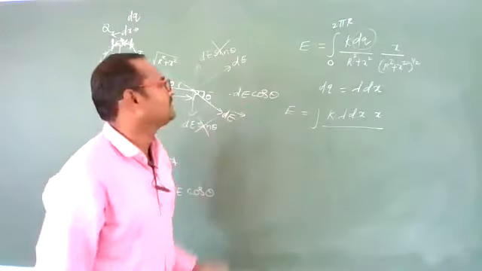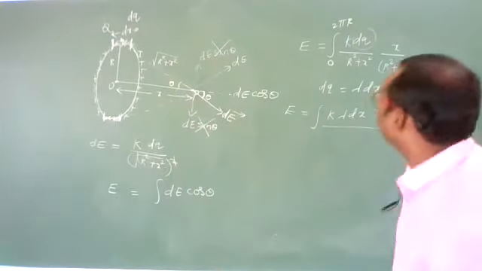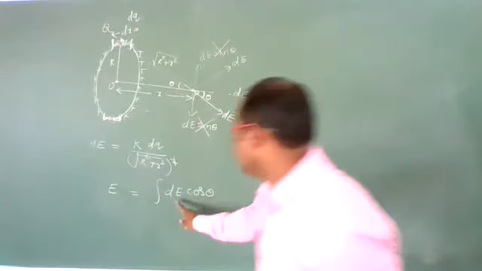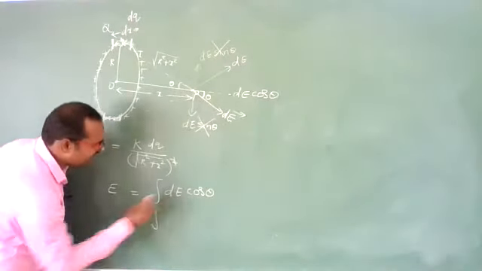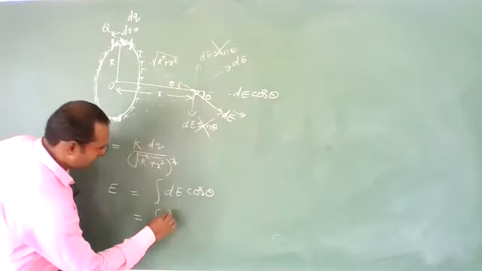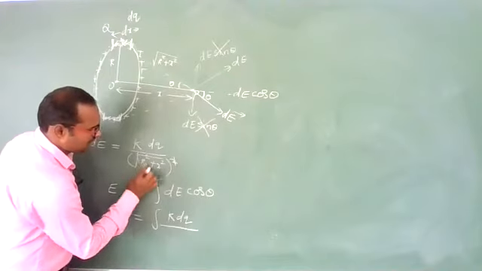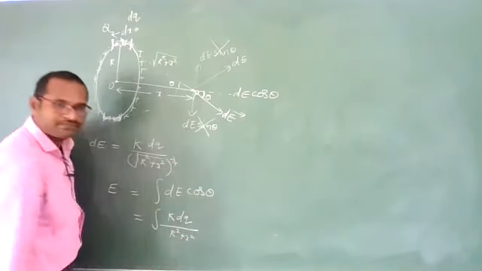Right, Abhay, this is the right first step. I'll write one more time so that you will understand. So this point is understood, I think. Integration of dE, whose value is k dq divided by the square root canceling, you will get r square plus x square.